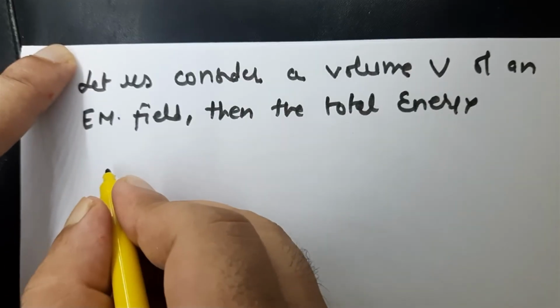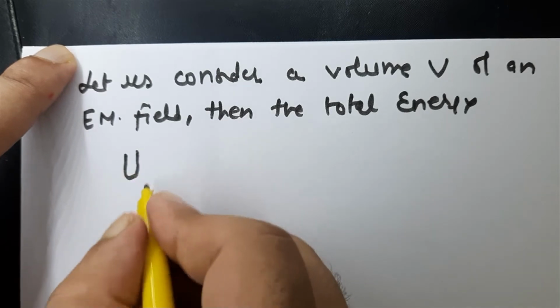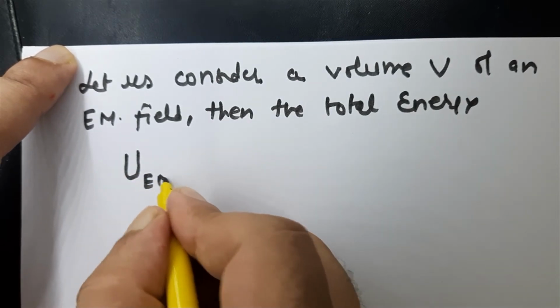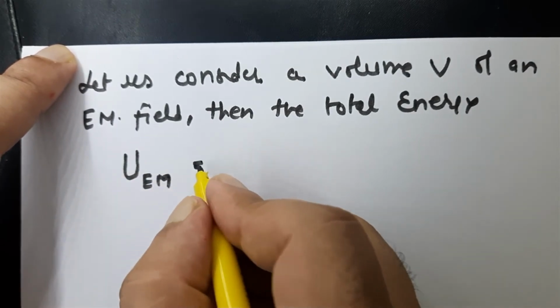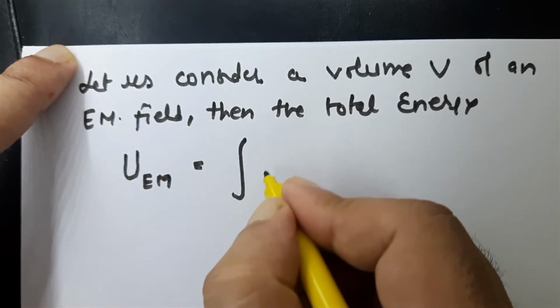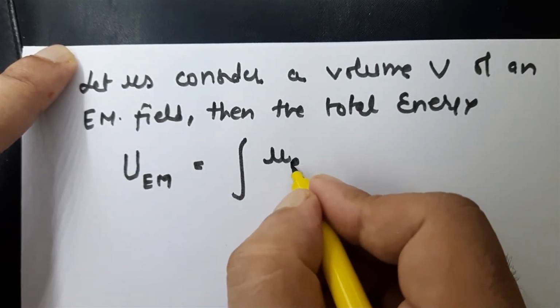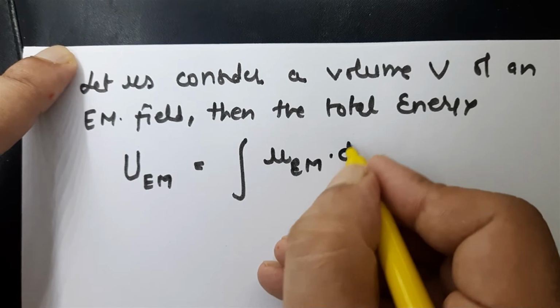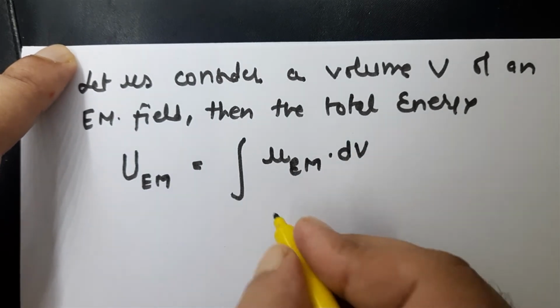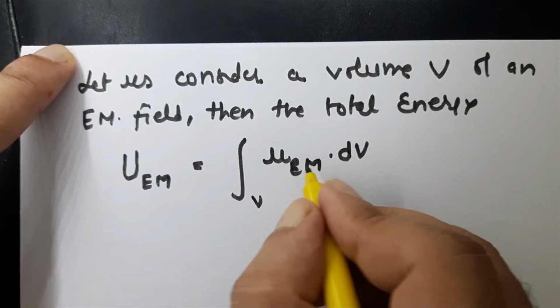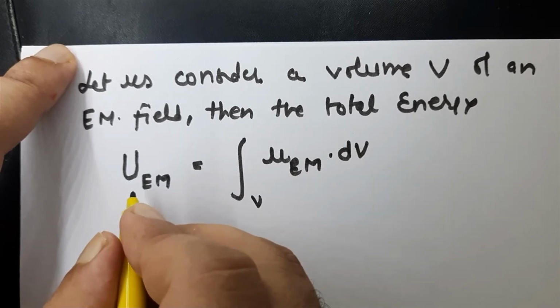This total energy, I am denoting it with capital U, EM is electromagnetic energy, is given by integration of this UEM times dV. So over any volume V, if you integrate the energy density, you are going to get the total energy.